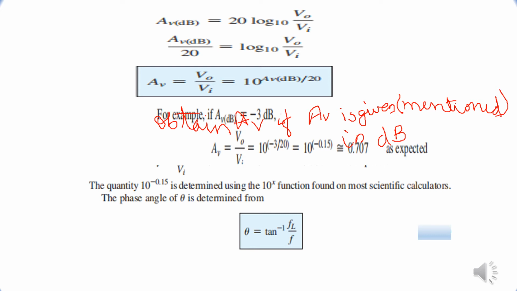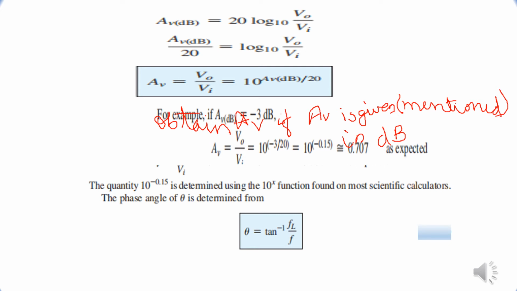so for example, you take AV is equal to minus 3 dB. Now from this 3 dB I want to get a numerical value. So AV, take in this particular relation, AV is equal to 10 raised to minus 0.5, which comes out to be 0.707.